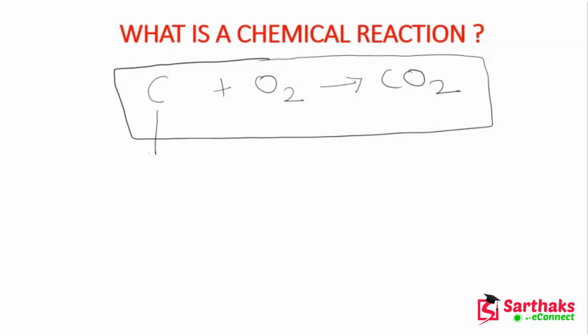Basically, this C is representing carbon and this O2 is oxygen, which is a gas. And when there is a reaction between this carbon and this oxygen, then this CO2 is formed. This is carbon dioxide.